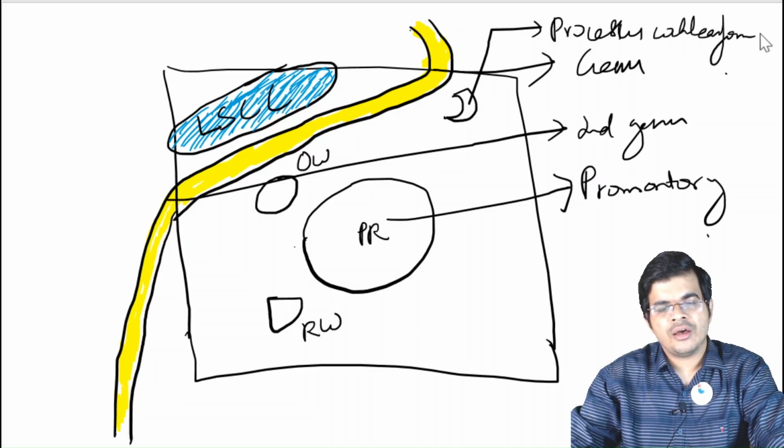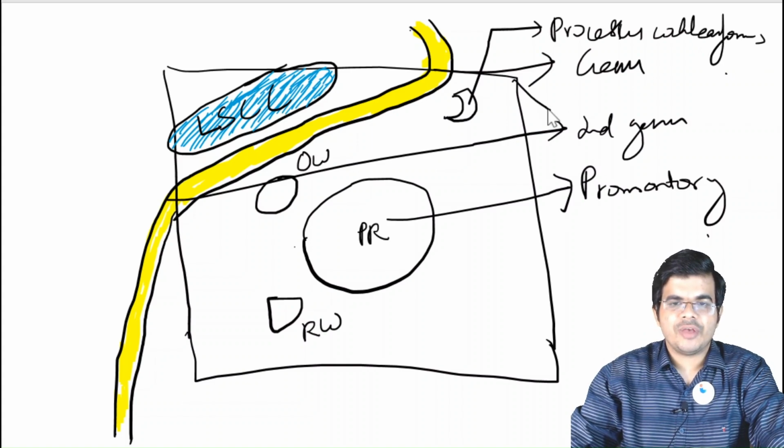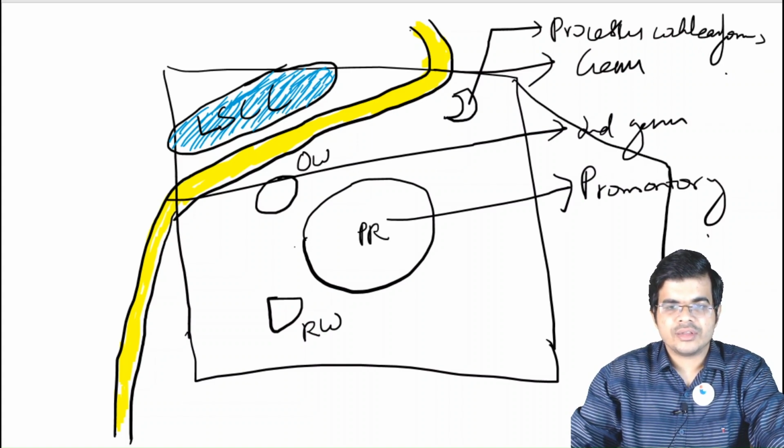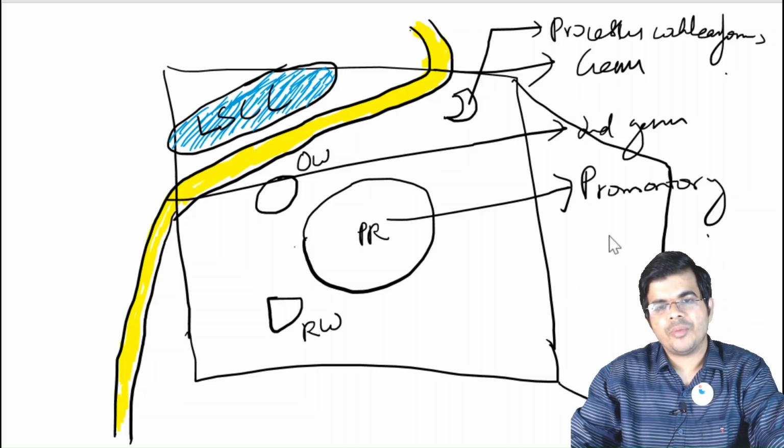Okay, the tensor tympani muscle is coming from the anterior wall. Okay, this is the anterior wall, and it is from here the tensor tympani comes, actually quite nearer to the medial wall. Okay, and it will be seen almost like this.